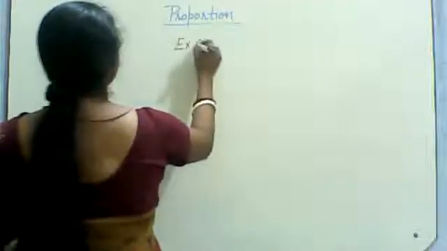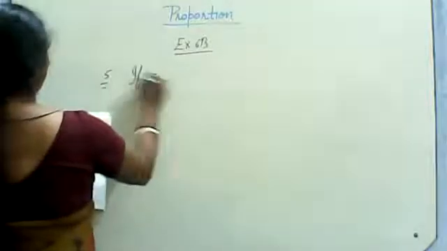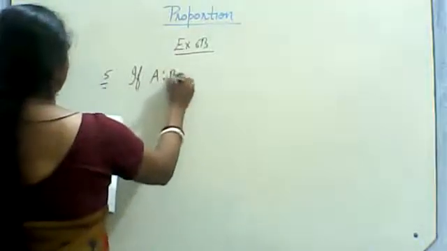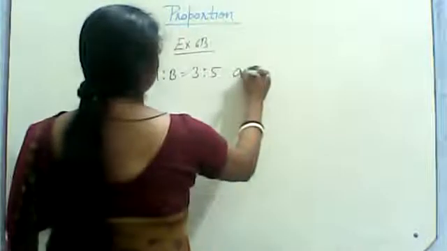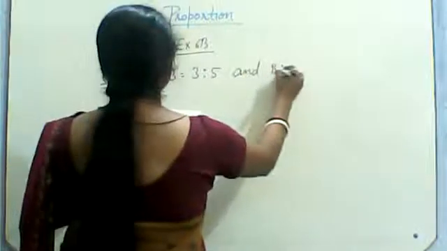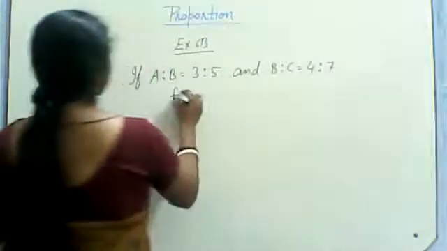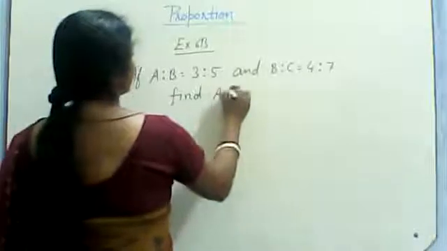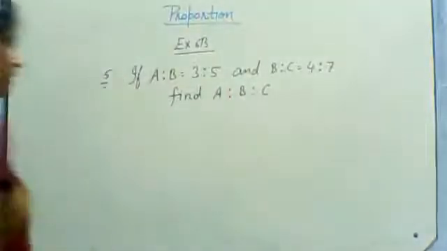Exercise 6B, fifth question. If A ratio B equals 3 ratio 5 and B ratio C equals 4 ratio 7, then find A ratio B ratio C. Okay.